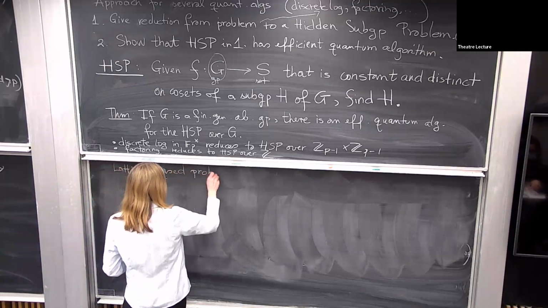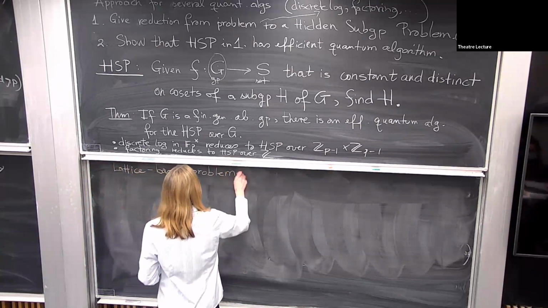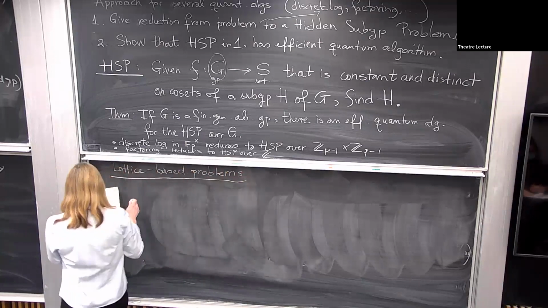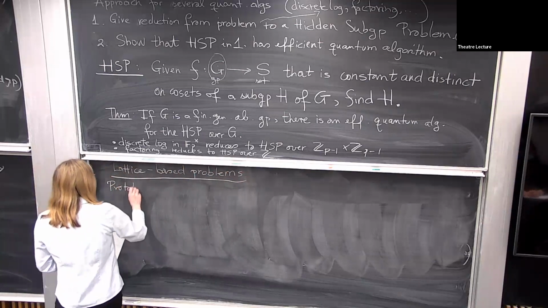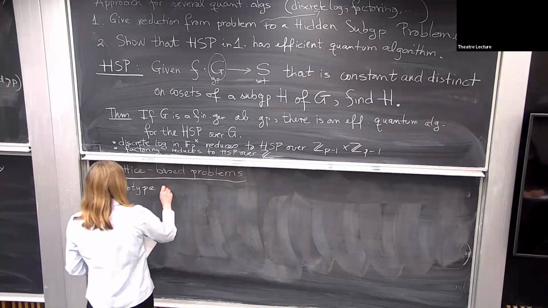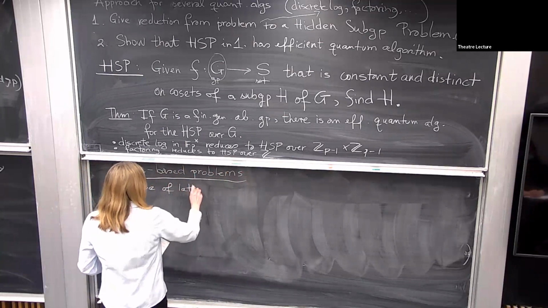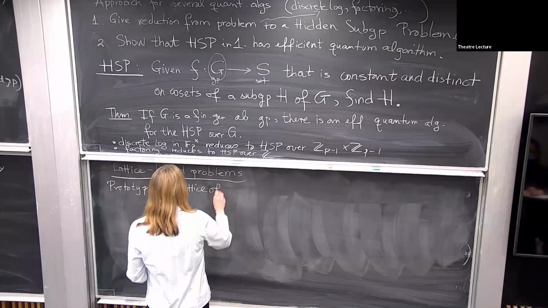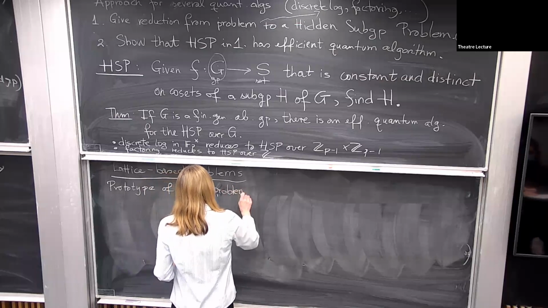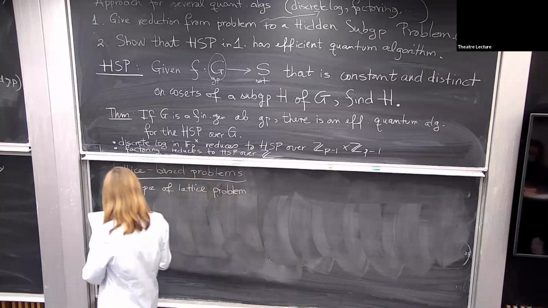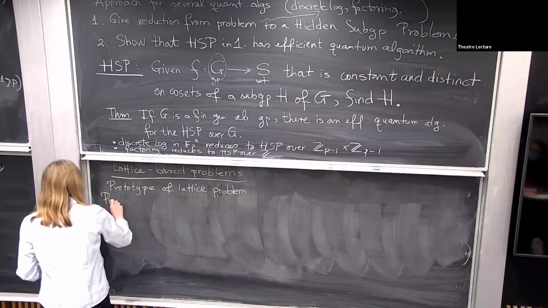And so the prototype would be the shortest vector problem. Let me just mention this because it's nice to state.